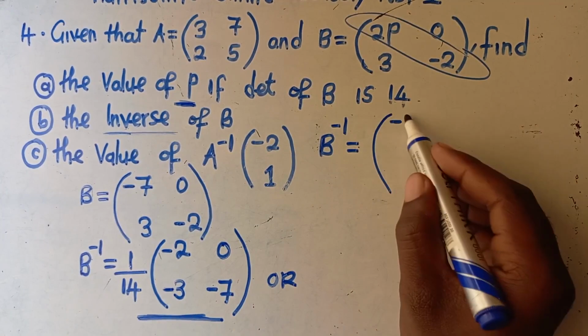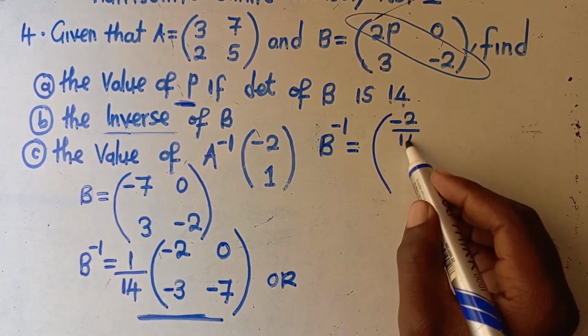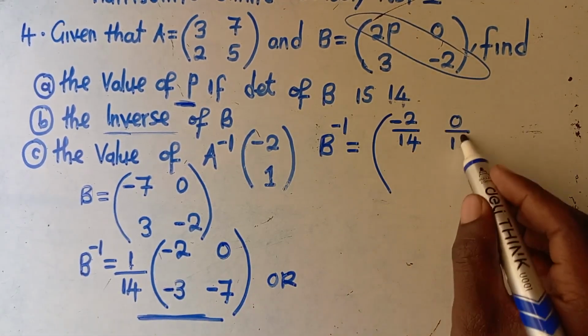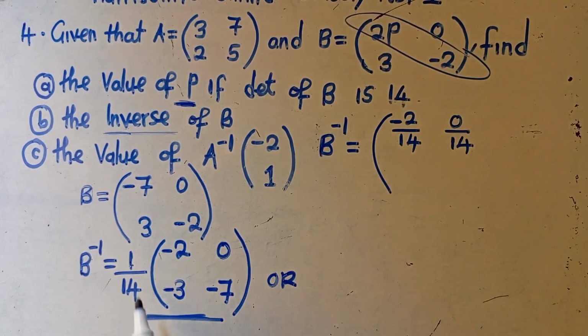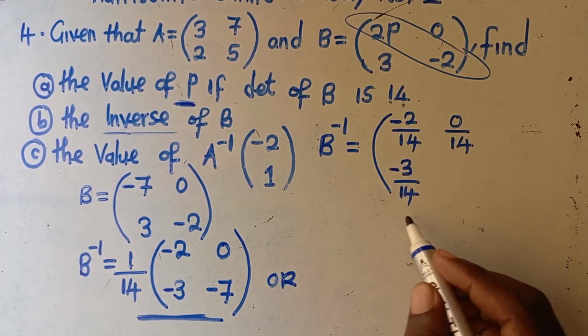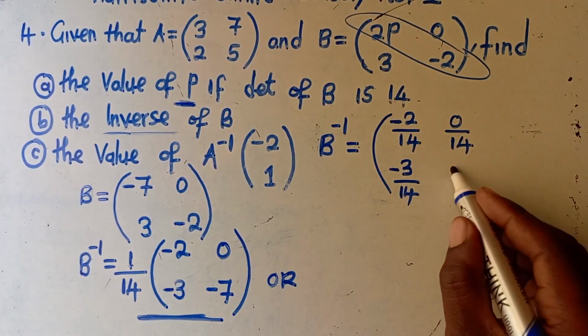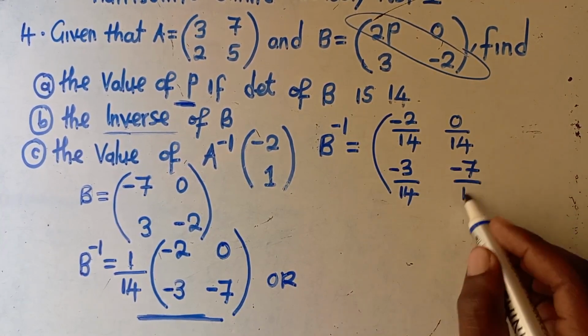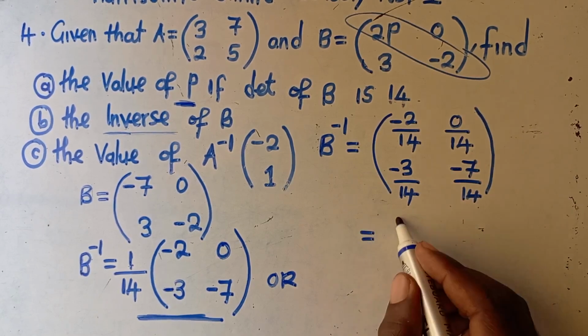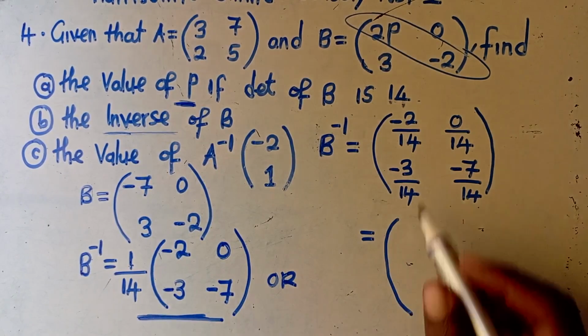You are going to get negative 2 over 14. 1 times 0, you get 0 over 14. 14 will just be following because that's the denominator. 1 times negative 3, it is negative 3 over 14. Then you've got 1 times negative 7, it's negative 7 over 14.